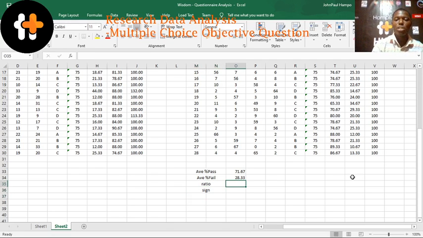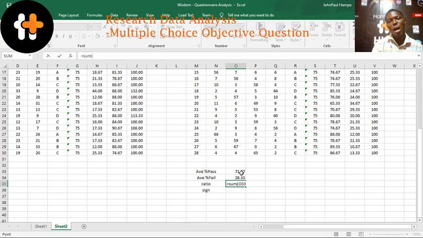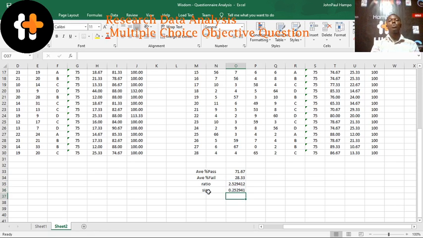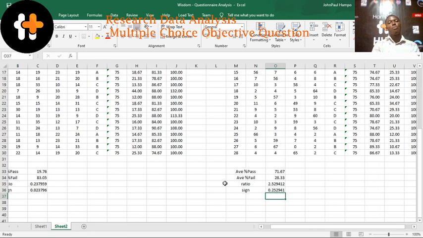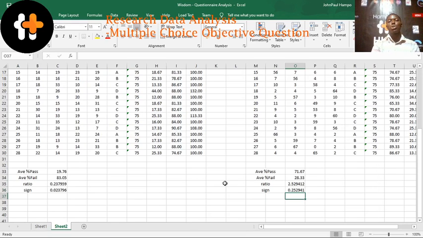Our ratio here is equal to sum of pass to fail. And our significance here is equal to sum ratio divided by 10. So you see, after the students have been taught, we have a significance of 0.25.